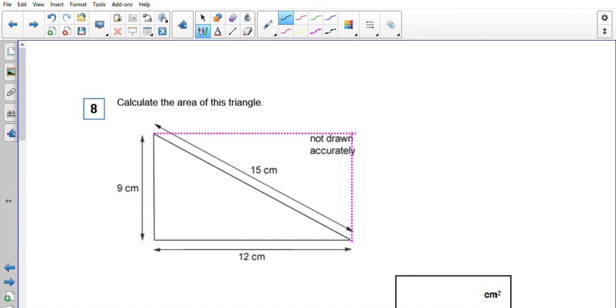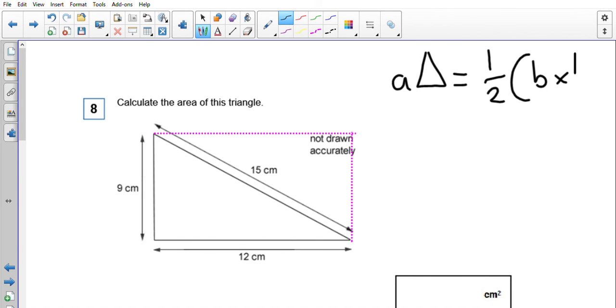And actually, we should remember from our revision that the area of a triangle is half of the base times the height, which we also know is just kind of the length times the width of that rectangle. I have those measurements here.